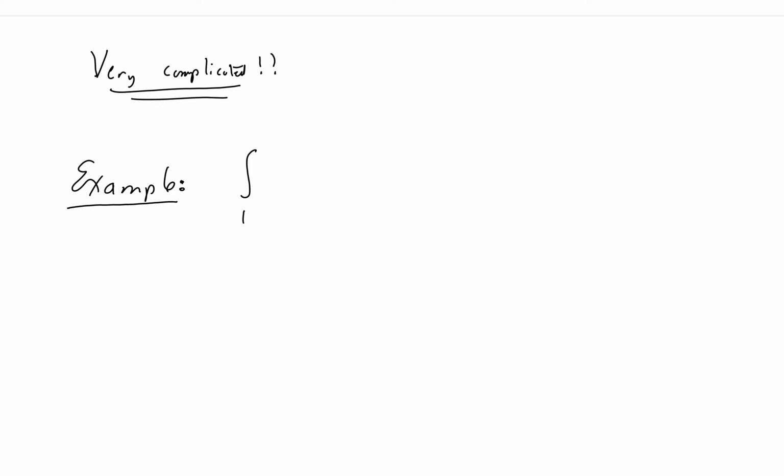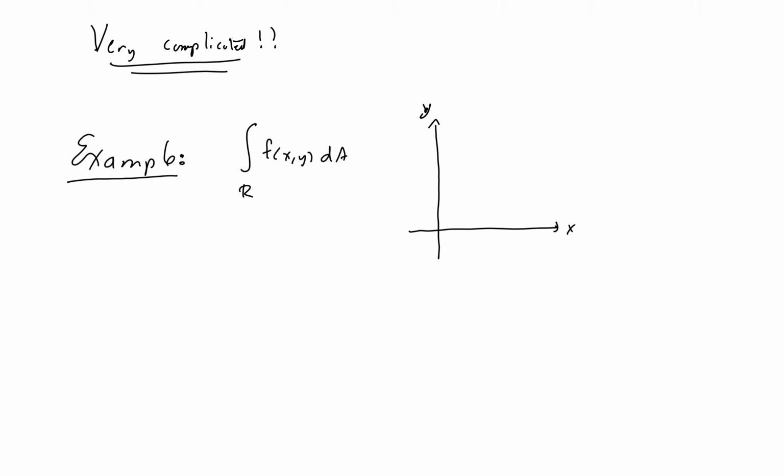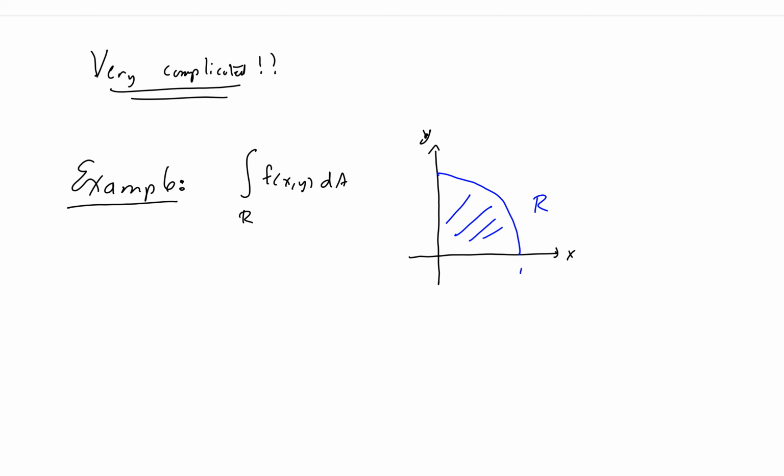So let's look at this region again, where we were looking in the xy plane, where we just had this circle here. And this circle was of radius 1, and this is my region R. So now in this case, let's think about what our Jacobian looks like.